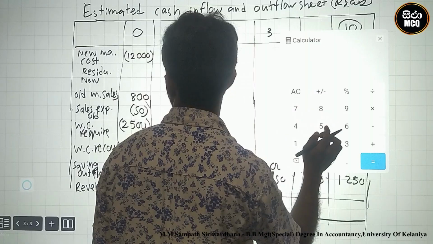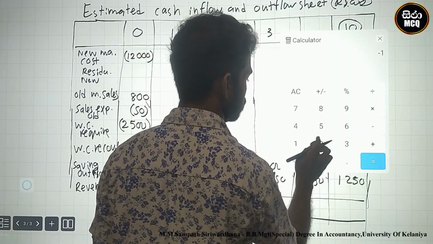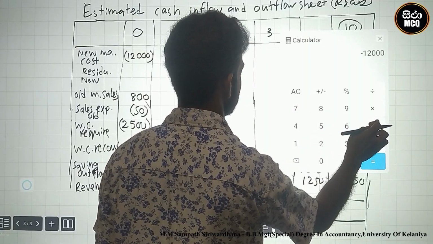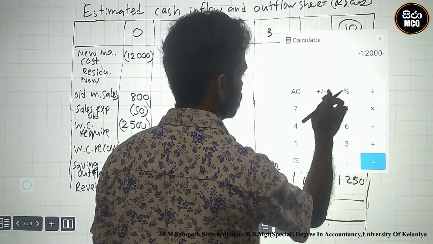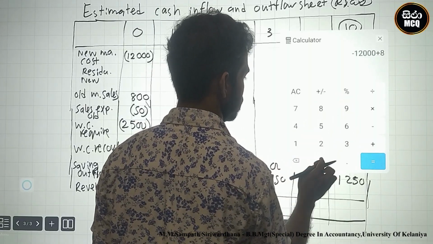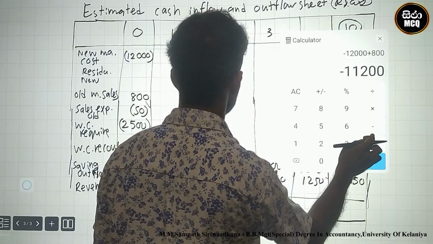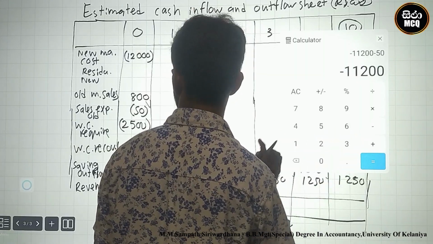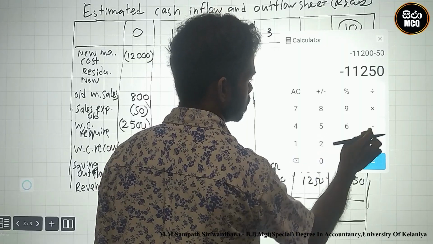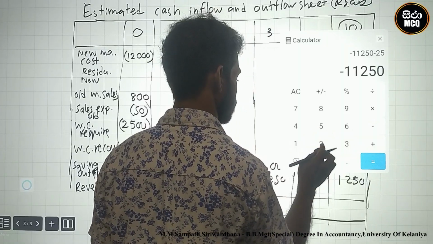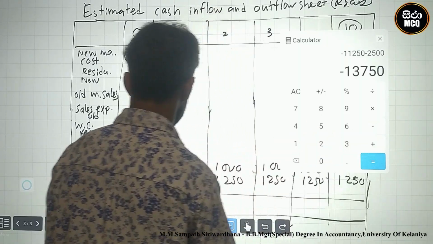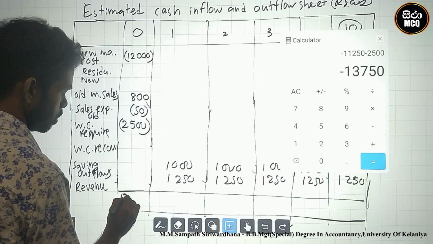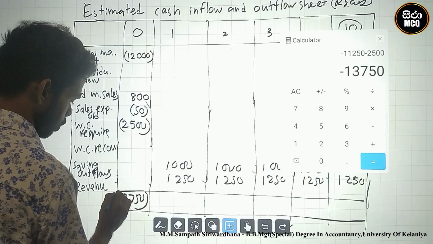Minus 12,000 plus 800, get the answer, and minus 50, answer, minus 2,500, answer. 13,750 outflow.